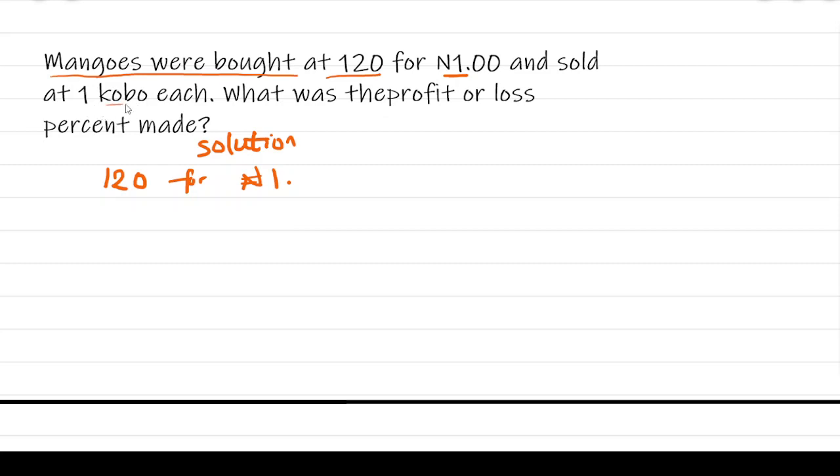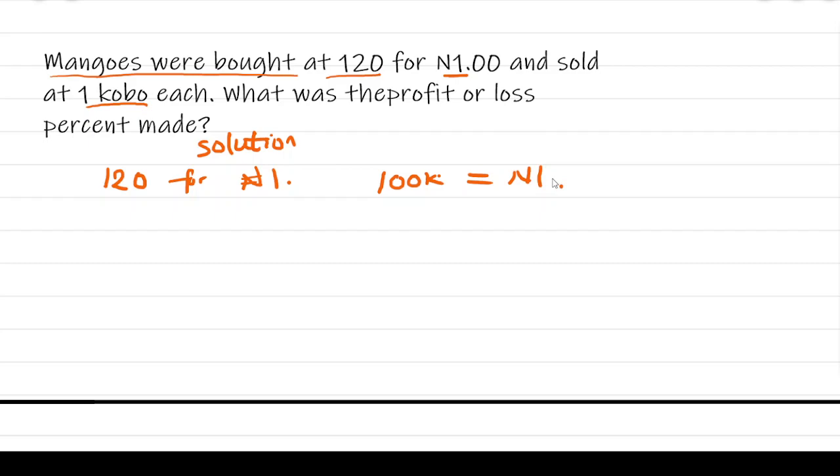A kobo, let's convert this. The conversion rate is that 100 kobo is equal to 1 naira. That is the conversion rate for naira to kobo.